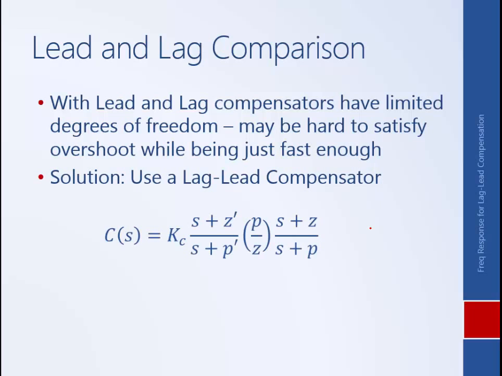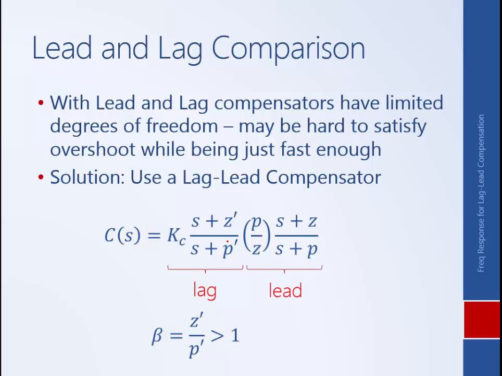Okay, so this is the basic form of the lag-lead compensator that we're going to design. It basically gives us more design parameters to use. The first part we'll call our lag compensator. It'll consist of a gain, a single zero, and a single pole, where the ratio of that zero to pole is greater than 1. So the pole is slower for our lag compensator.